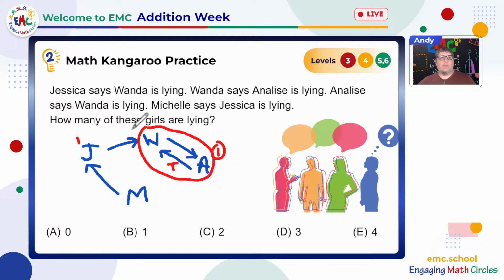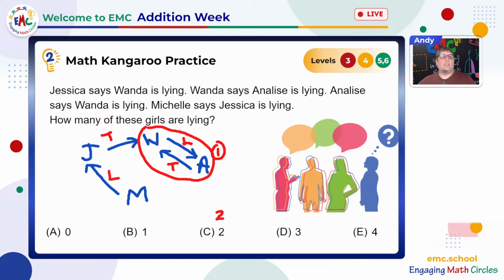This is a true statement. Wanda lied about Annalise because they have to be opposite. Then Michelle must be lying about Jessica. So we have two lies.